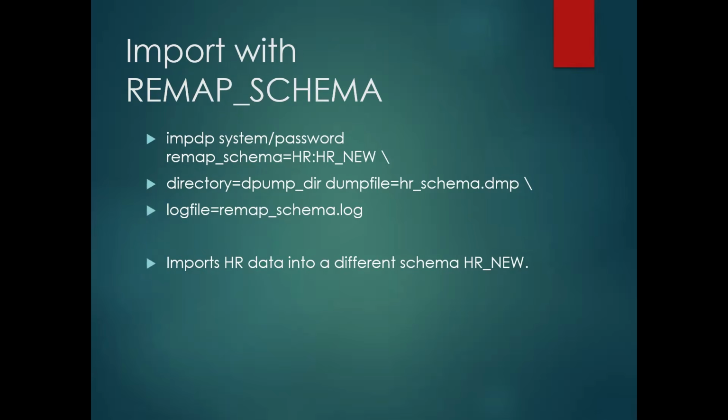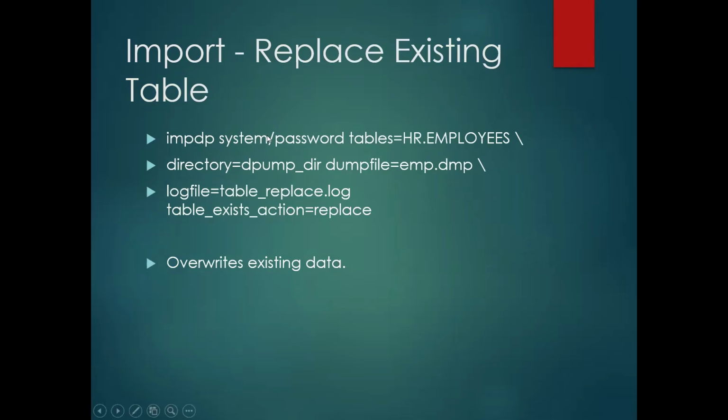You see here, import the HR data into a different schema, HR_new. Like this. And this is the import that replaces an existing table. This command will run impdp with system and password, tables equal to the HR schema name dot employee table, directory equal to directory name, dumpfile equal to dump file name, logfile equal to log file name.